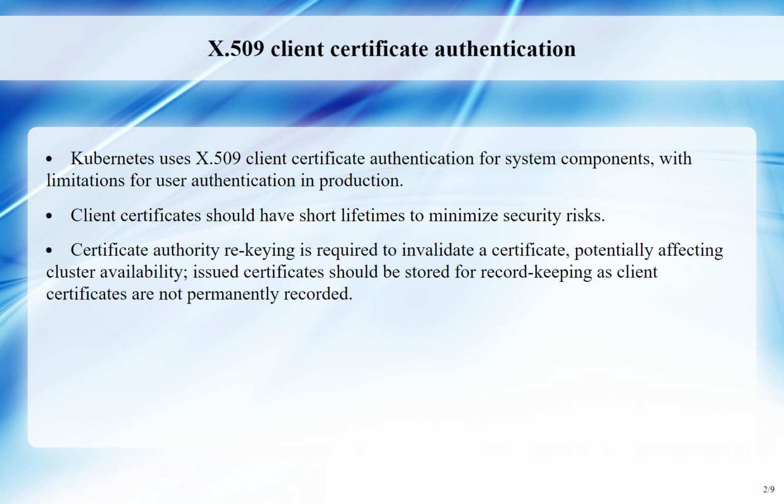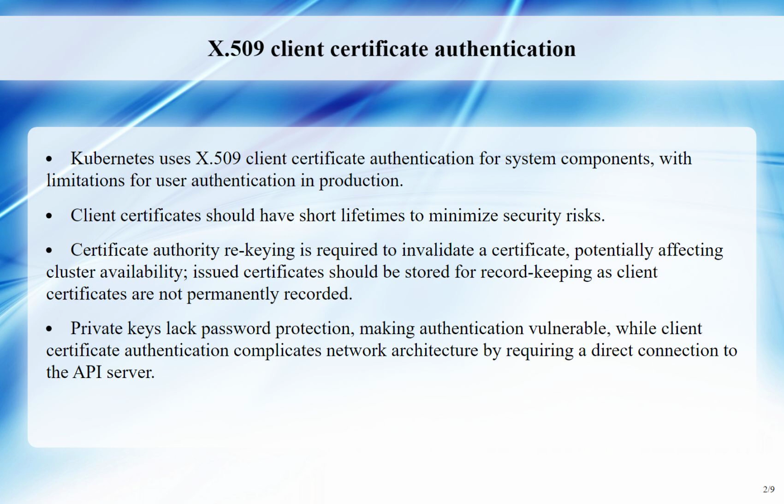If a certificate needs to be invalidated, the certificate authority must be rekeyed, potentially impacting cluster availability. Client certificates created in the cluster are not permanently recorded, so all issued certificates should be kept on record. Private keys used for authentication cannot be password protected, increasing vulnerability.